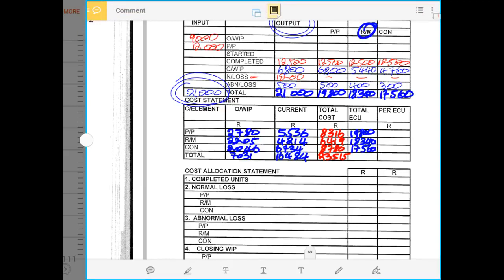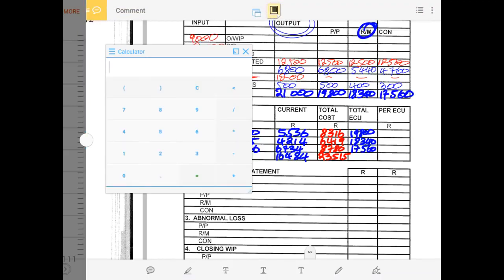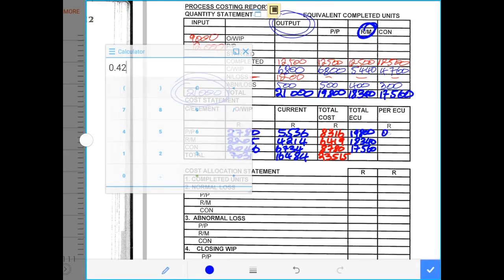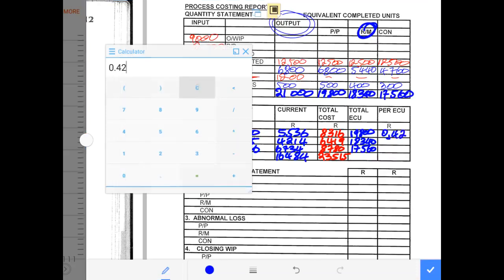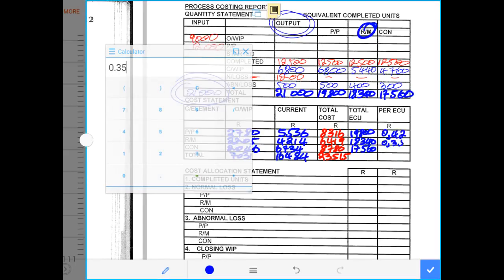Then after we calculate the unit cost, which is the cost of the previous process, 8,316 divided by 19,800. This will give us 0 rand 42 cents, 0.42. The next one will be 6,419 divided by 18,340. That will be 0 rand 35 cents.